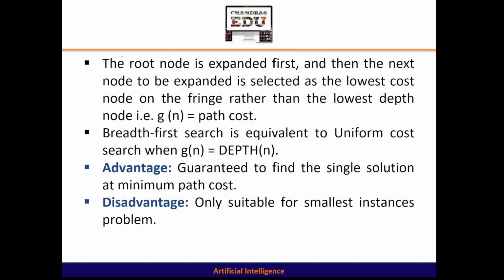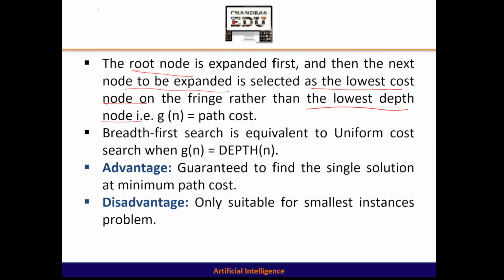The root node is expanded first, and then the next node to be expanded is selected as the lowest cost node on the fringe rather than the lowest depth. Here it is not based on the depth, but the cost of the fringe.